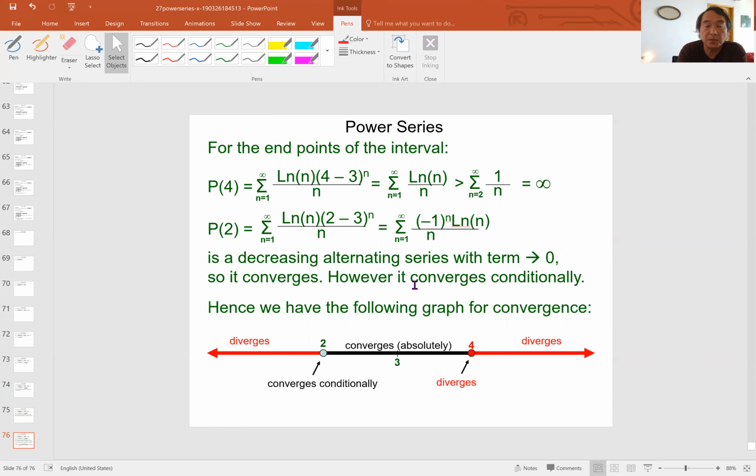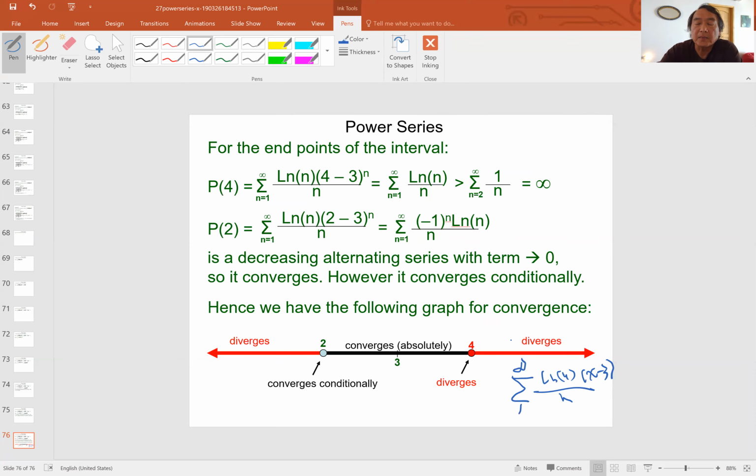So this is the picture for the convergence of the series we have, which was the sum of ln(n) over n times (x minus 3) to the n, from n equals 2 to infinity.